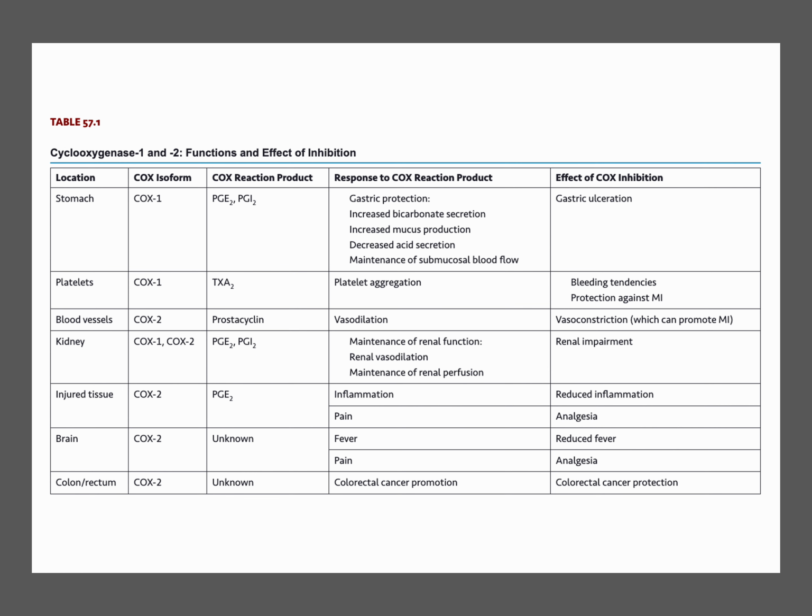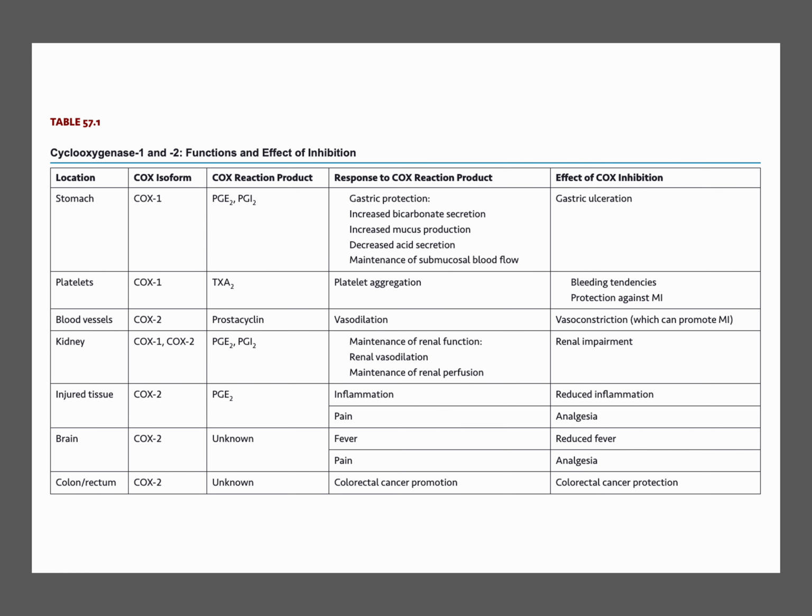In the kidneys, where we can find both isoforms, COX-1 and COX-2, activating prostaglandins, what we're expecting is the maintenance of our renal functions like vasodilation and perfusion. If we give a COX inhibitor, we may increase the risk for renal impairment.